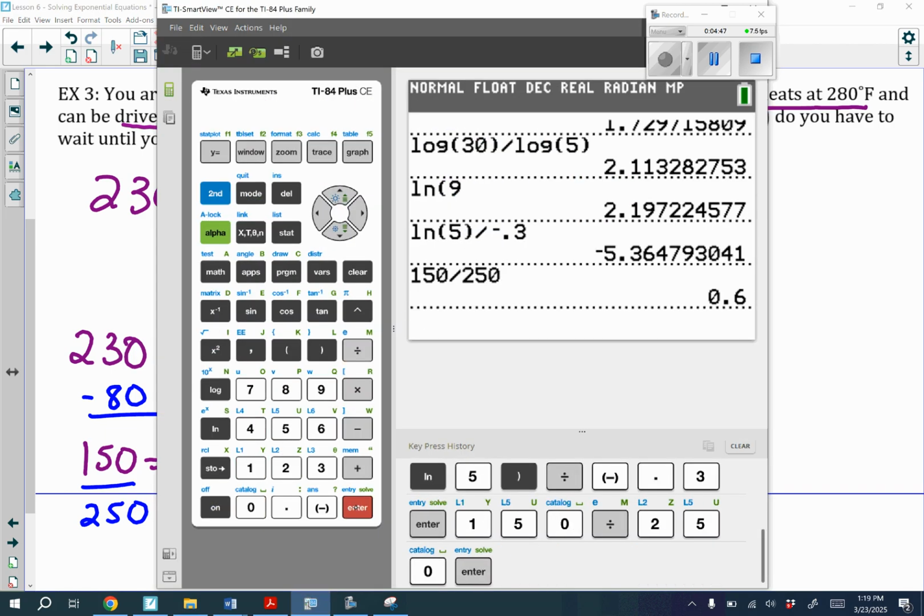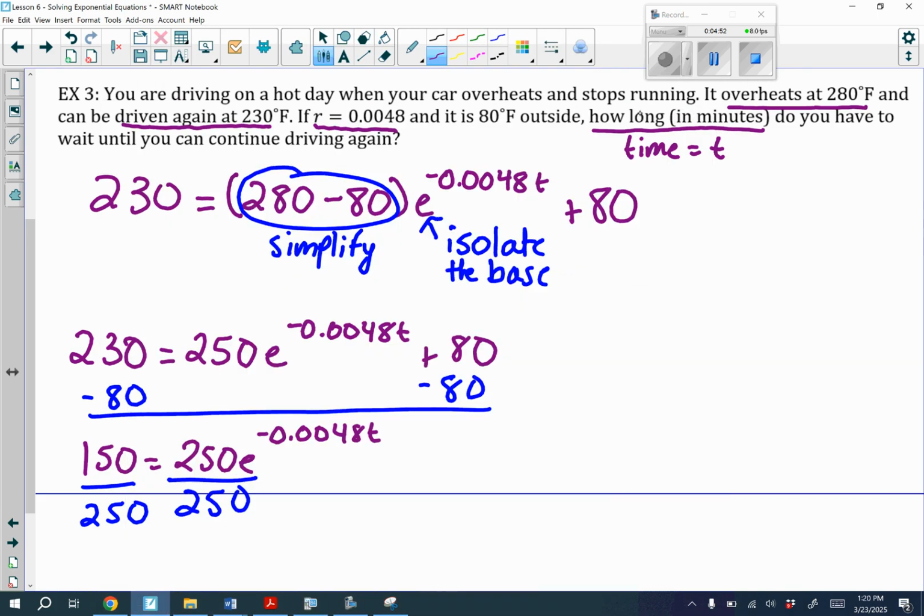Oops, I think I did something wrong. Oh, it should be 200. Sorry, let me redo that. This shouldn't be 250. You may be wondering, that's not right. Yeah, it's 200, because 280 minus 80 should give us 200. So I'm going to change that. There we go. So we're actually dividing by 200 here. Sorry about that.